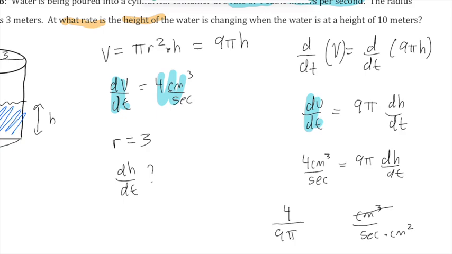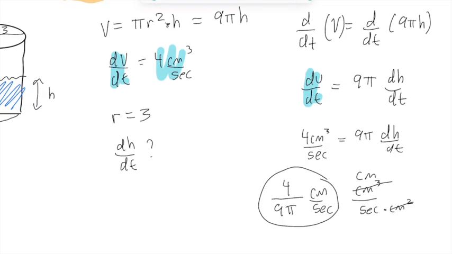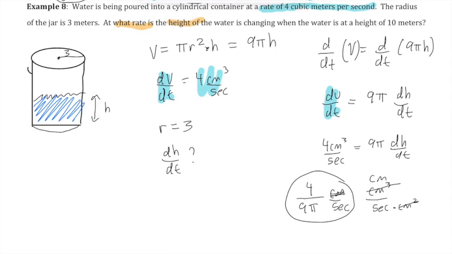So it looks like we're going to get meters per second. Oh, why am I saying centimeters? This is supposed to be meters. It's cubic meters, so same things apply, guys. My units, I don't know why I'm thinking centimeters. Anyway, that is it for related rates.